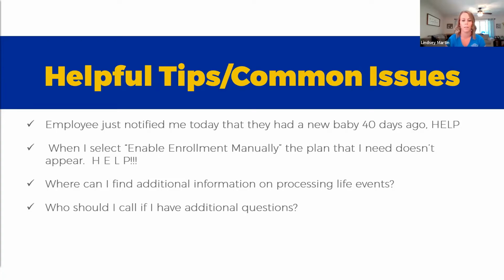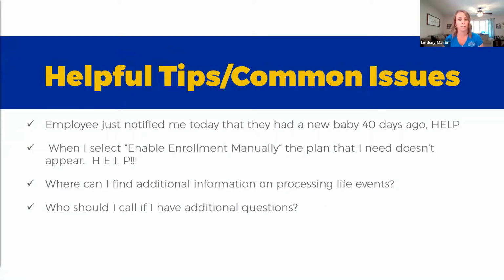But if you're seeing that this is a common thing, that it's taking 40, 45 days for them to notify you for different reasons, and you're continually having to make exceptions, we can adjust the standard time from 30 days to 45 days, 60 days, whatever you choose. You don't have to let the employee know that. You can say, hey, you have 30 days to let me know. That way, if they wait till day 30 and give it to you on day 31, you still have an opportunity to go in and do that life event without any issues.